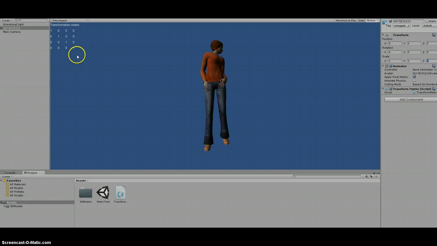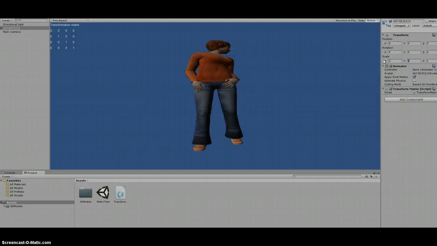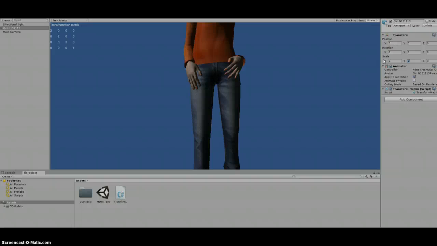As you can see, this is the identity matrix as default, these are the default start values. The first three represent the scale of this object, and when I change these scale values, those values in the matrix start to change, as you can see.